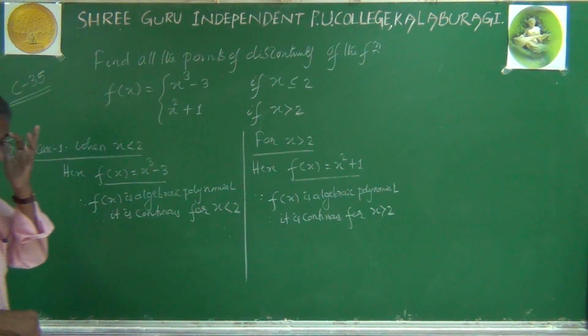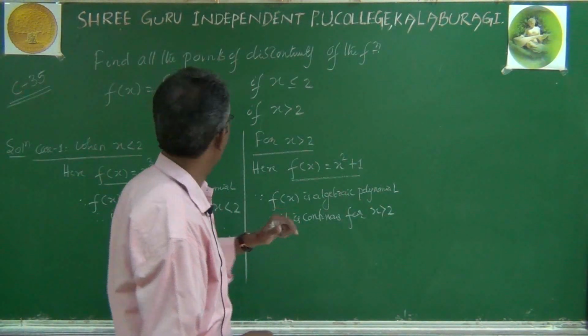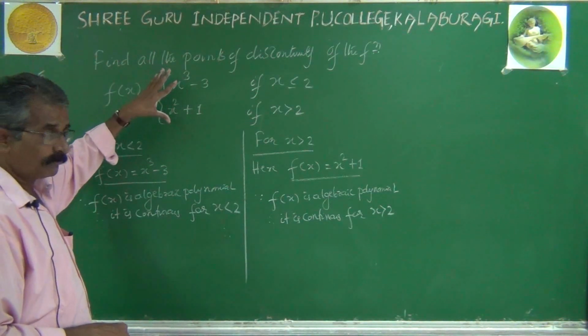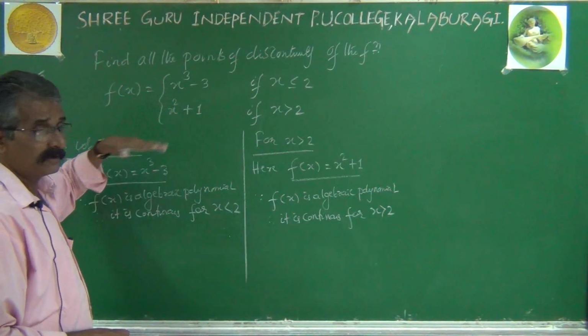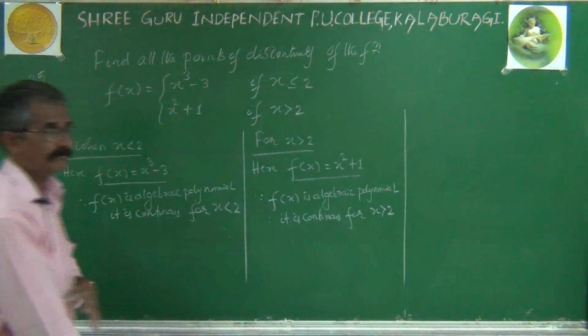Now let's have a discussion. When x equal to 2, we have to judge whether these two points will coincide or not coincide.